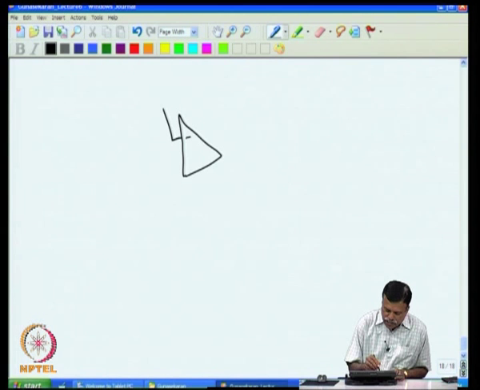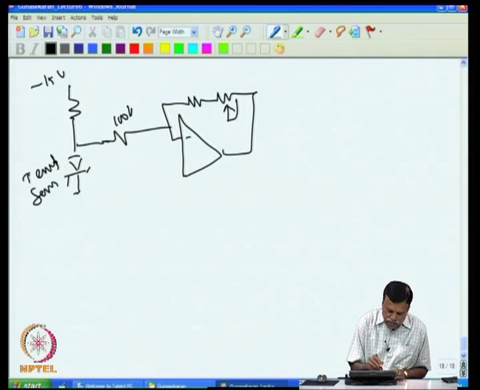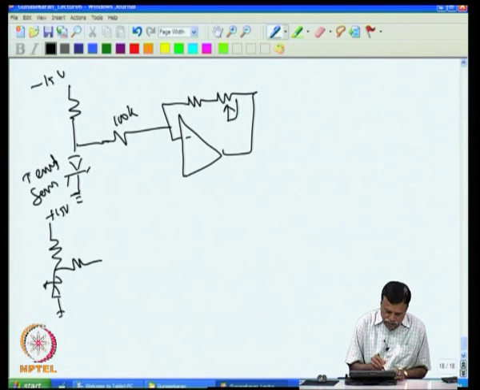I combine the potentiometer and this, and on the other side I have this connected to the temperature sensor, that is connected here, that is minus 15, this is the temperature sensor, this is 100K, and then I have this plus 15 and the Zener voltage, and then we have this and this.